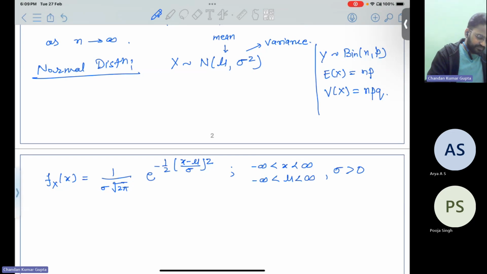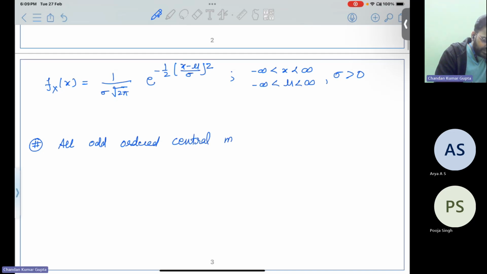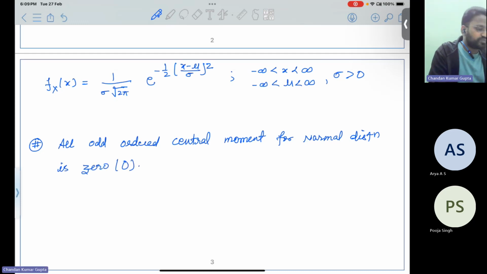Now we will talk about the moments. One very important property is that all odd order central moments for the normal distribution are 0.